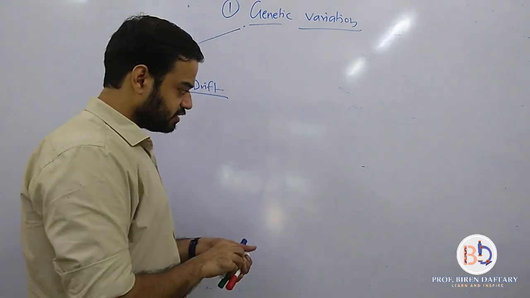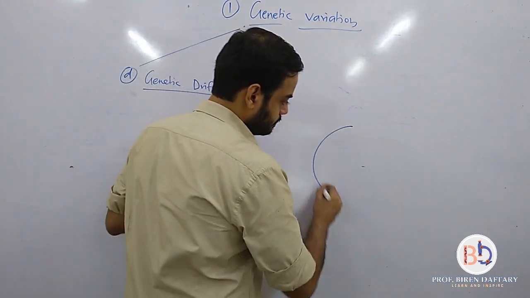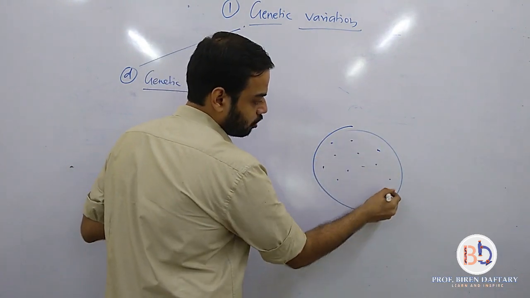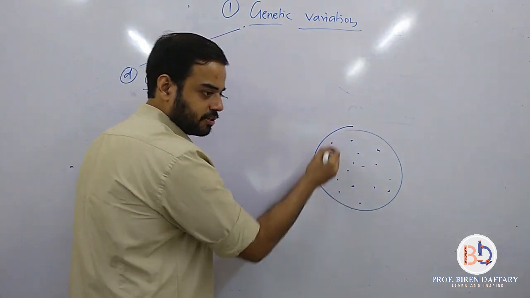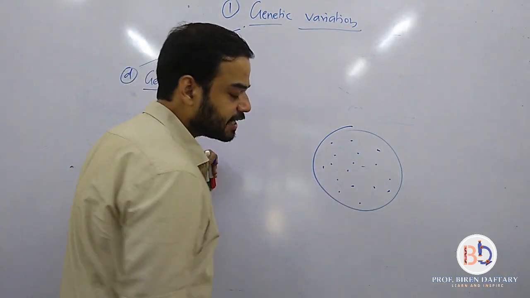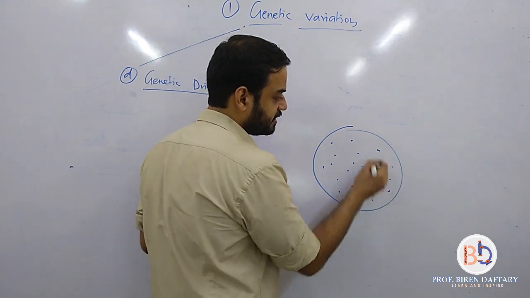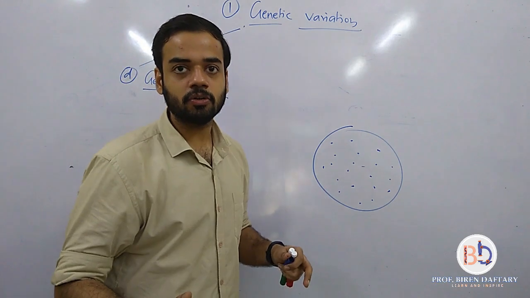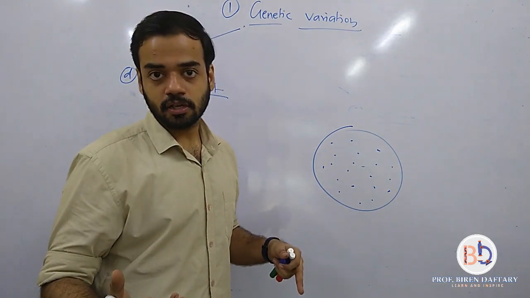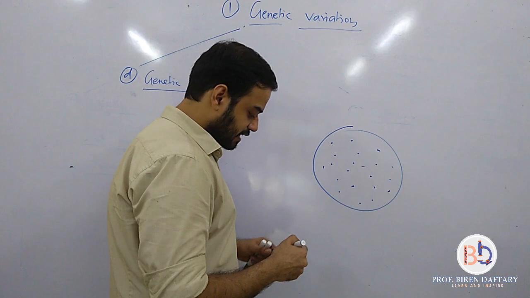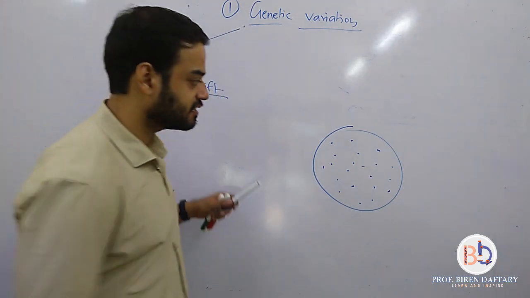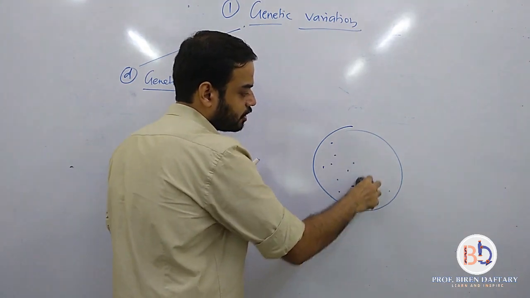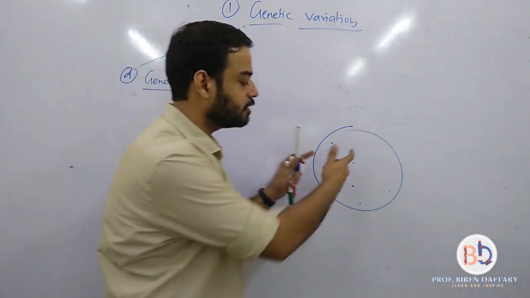But now just assume that this is a population, these are the organisms in that population, so this is the Mendelian population, they can interbreed. Now just imagine in this area, suppose a cyclone occurs, and because of the cyclone, half of the organisms in this Mendelian population have died.